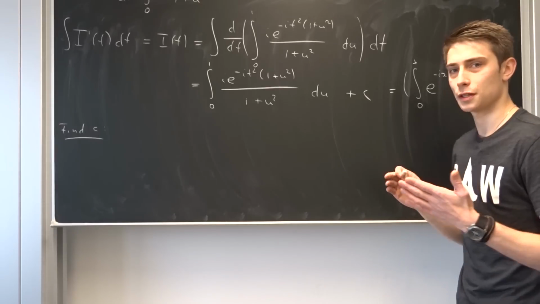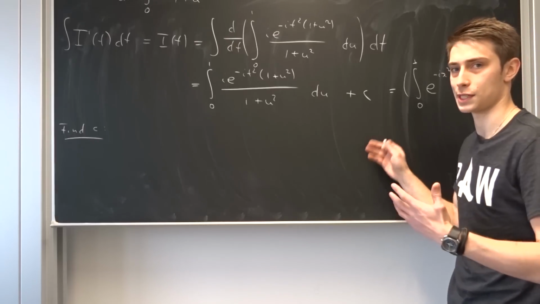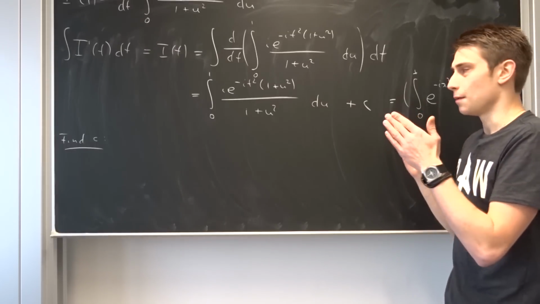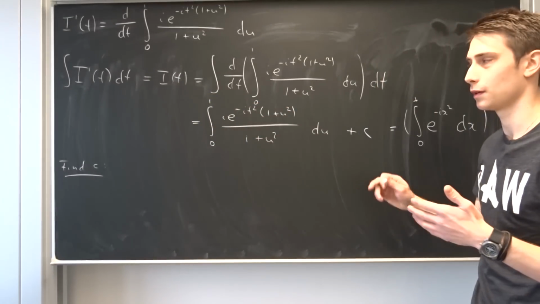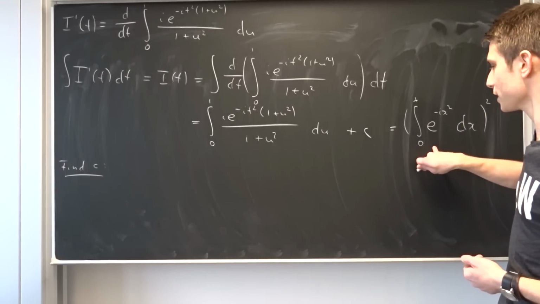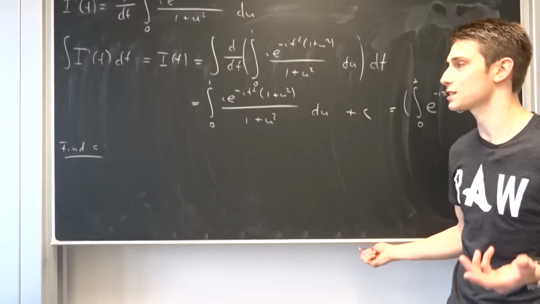Maybe we should try to get 0 on one side so that we can isolate our c. Okay, how could we get 0 somewhere? Maybe we could say that I of t equals 0. The t equals 0, not the whole integral. So that would mean that the right side is just the integral from 0 to 0. So this vanishes completely, it's just 0.